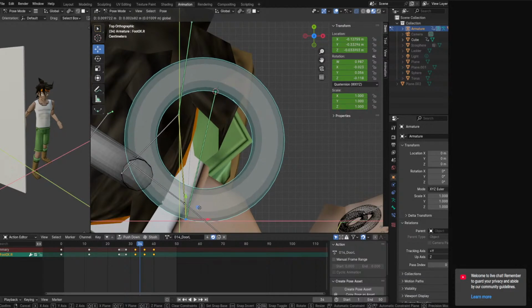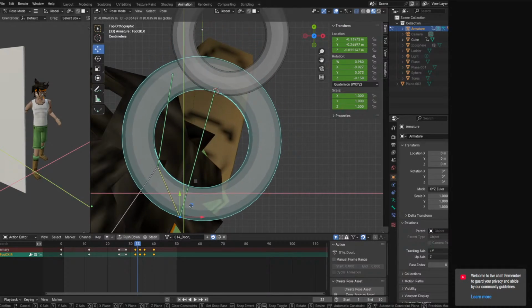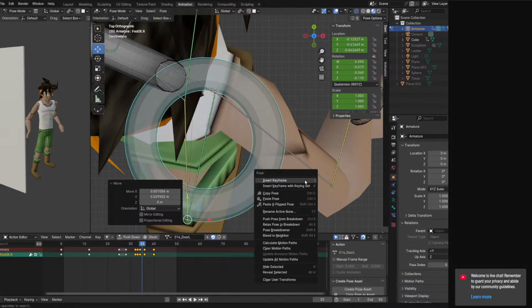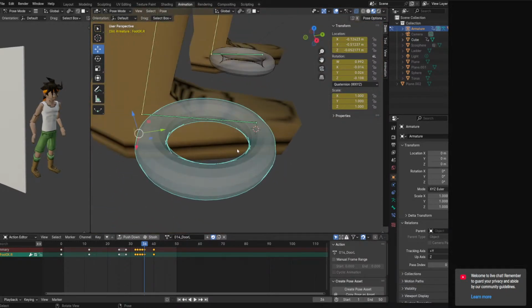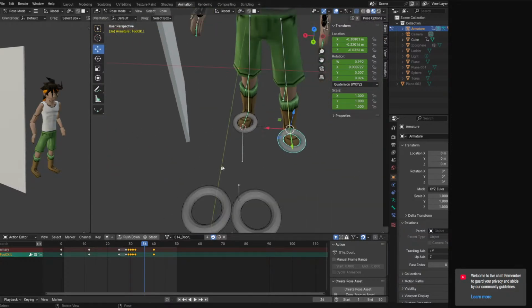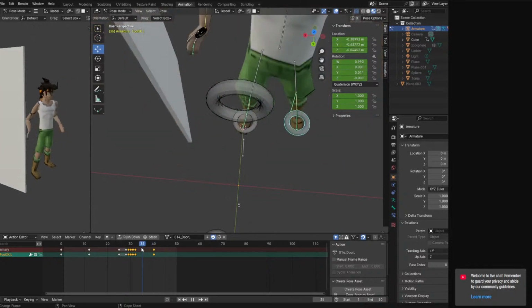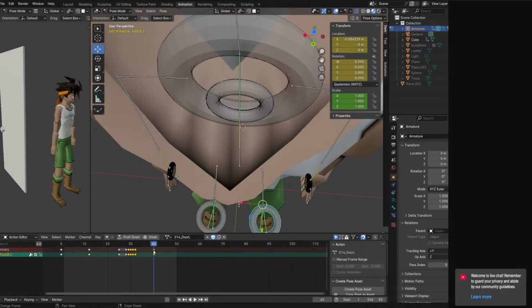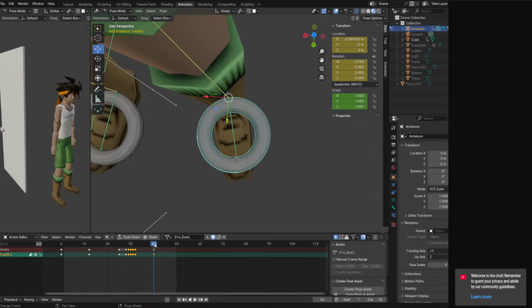Just do it one step at a time. Make this the last step for this foot.